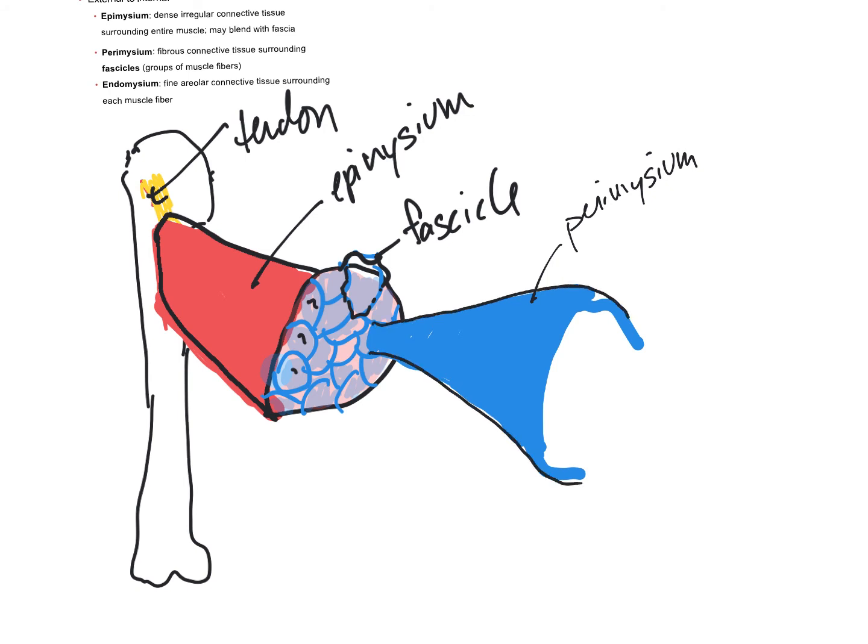Just giving it a little outline here. And inside the perimysium are individual muscle cells. Each one of those is a fascicle. This whole thing would be a fascicle as well. I'm looking at one fascicle.